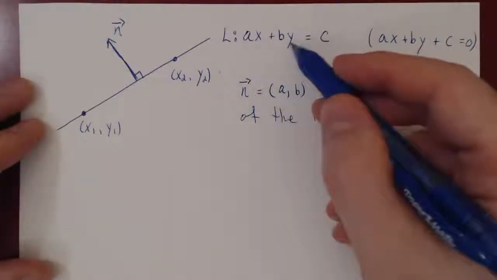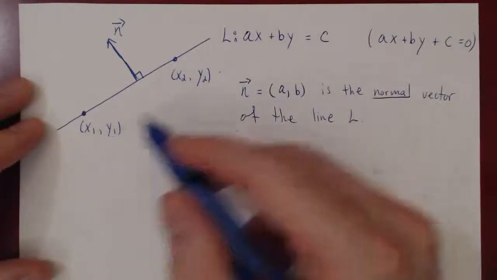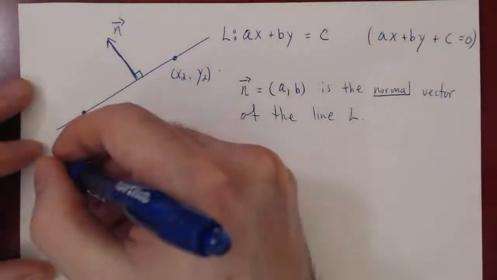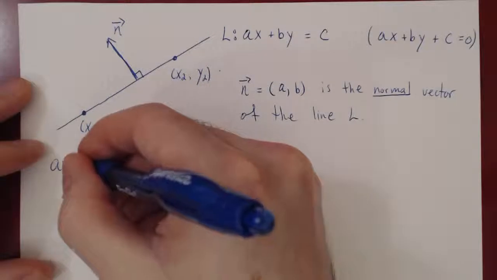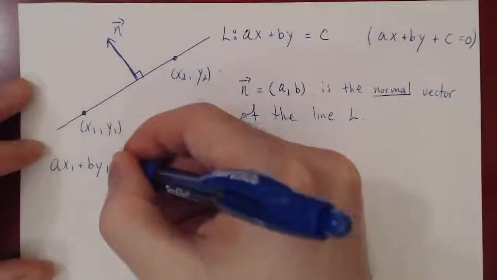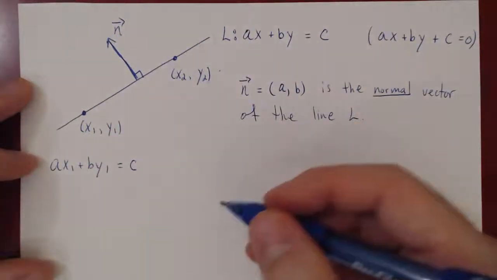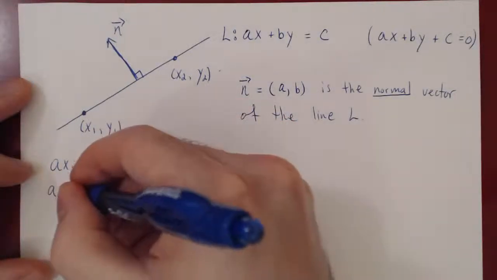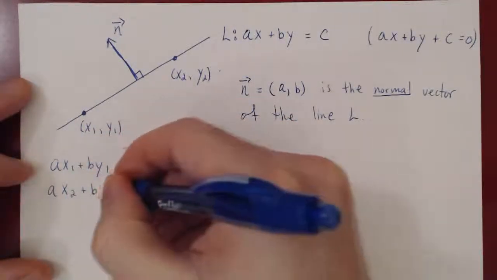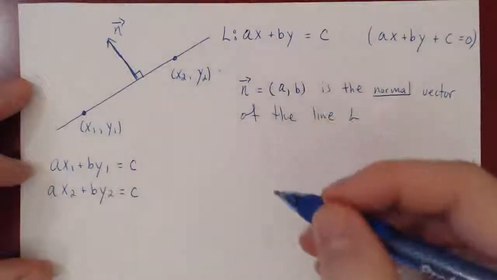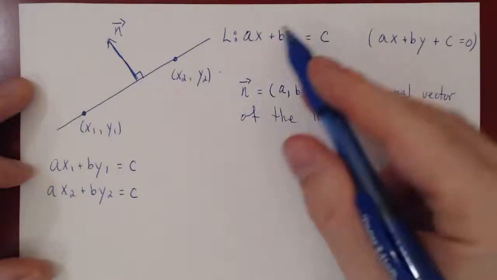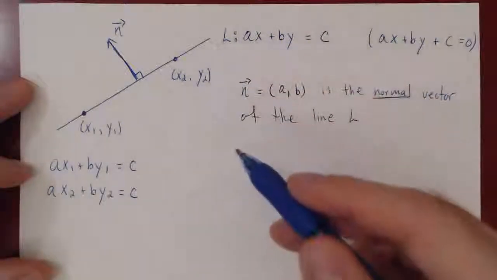Therefore, if we replace x and y by x1, y1, x2, y2, the equation must be satisfied. So we know that ax1 plus by1 is equal to c, and we know that ax2 plus by2 is also equal to c, because both points are on the line. Therefore, both points are solutions to the equation that defines the line.